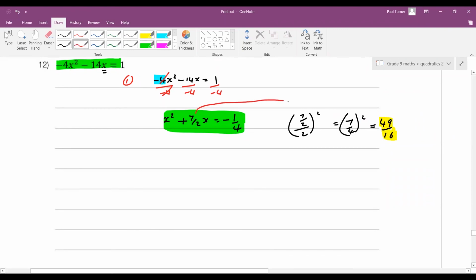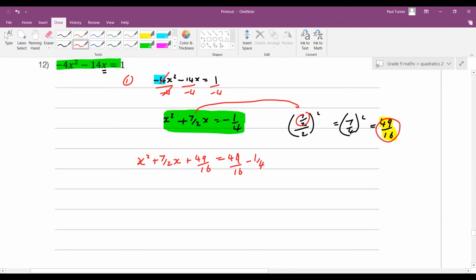So just be aware of how to do this. And then you'll get this number here. So this number goes back into our equation. So x squared plus 7 on 2x plus 49 on 16 equals 49 on 16 minus a quarter.